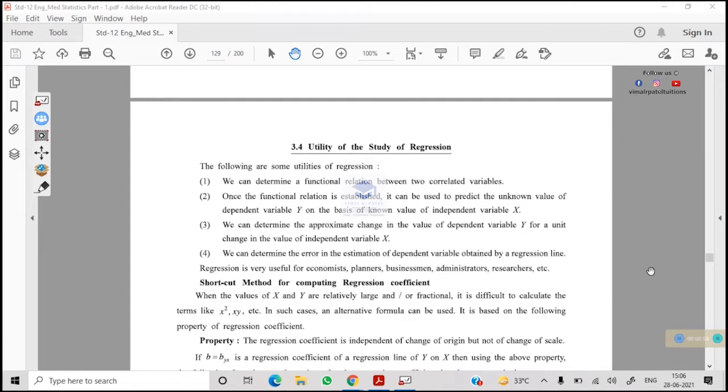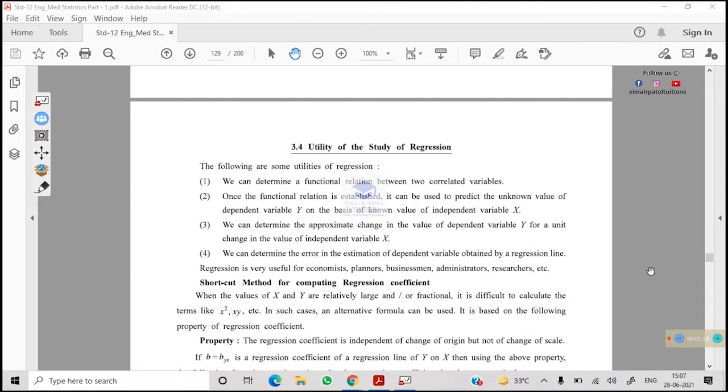We can determine the approximate change in the value of y for a unit change in value of x. So for example, if there is increase in x by 1 unit, how much increase would be there in the value of y?